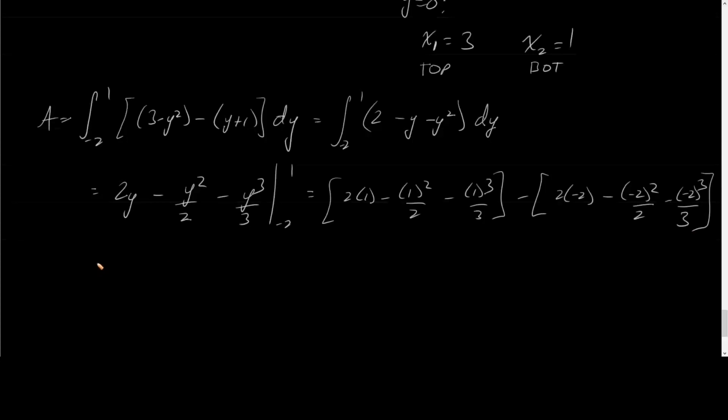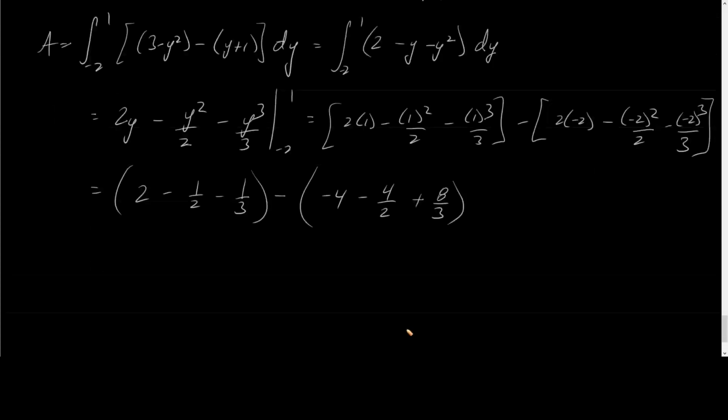All right. Now, let's simplify this a little bit. So in the first part, I have 2 minus 1/2 minus 1/3. Cool. In the next part, 2 times negative 2 is negative 4. Negative 2 squared is 4, so minus 4/2. Negative 2 cubed is negative 8, so I have plus 8/3. Let's see, combining like terms. 2 minus negative 4 is 6.